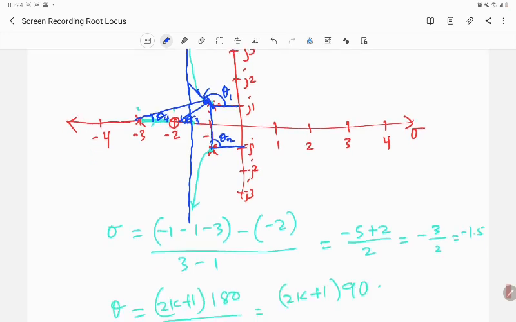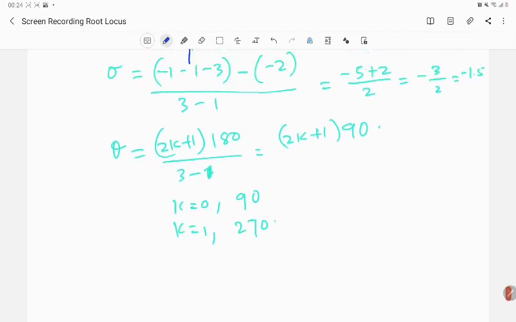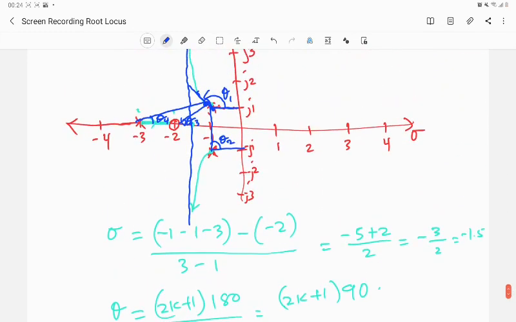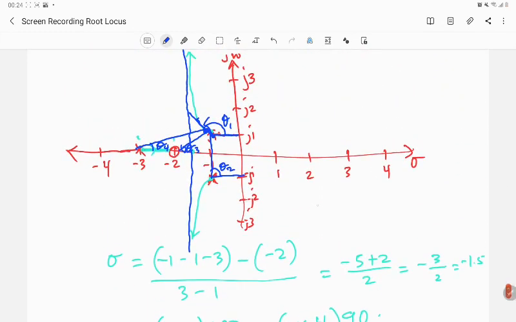What we know from above is that the summation of these angles should be equal to 180, right? So we should find the angle such that the summation of these angles will be equal to 180. So what can we do about that? It's very simple.